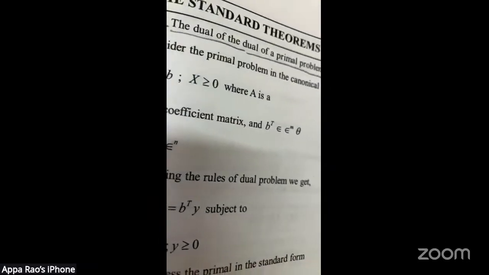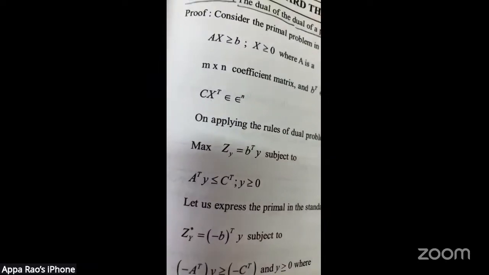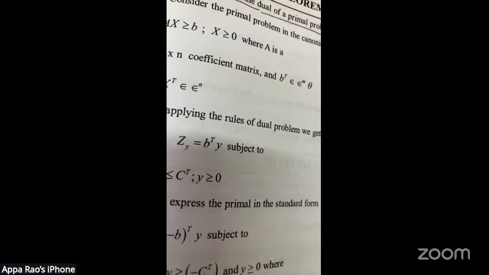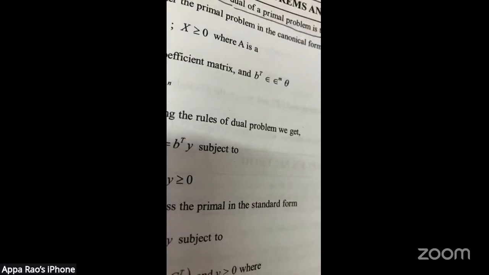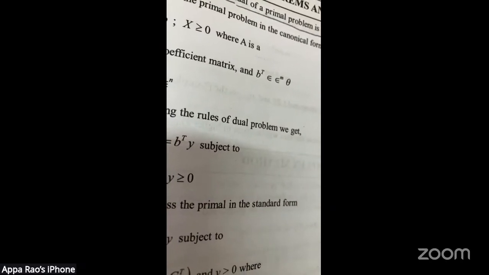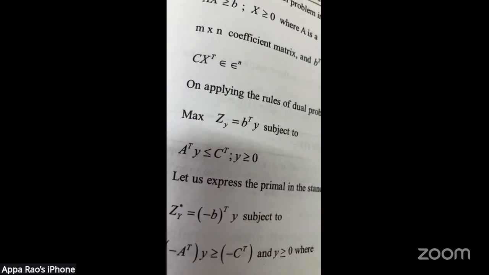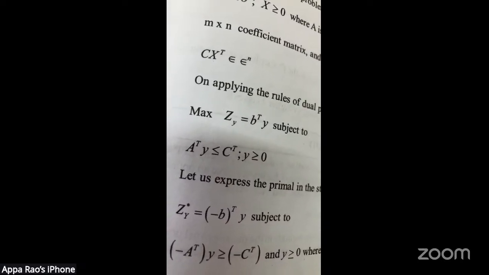Proof: consider the primal problem in the canonical form, minimize z equal to cx subject to constraints Ax greater than or equal to b, x greater than or equal to 0, where A is an m cross n matrix and b transpose belongs to R power m, c and x transpose belong to R power n.